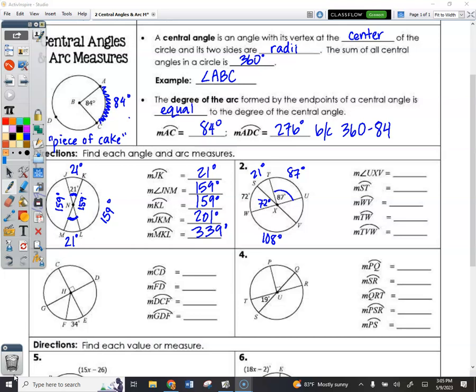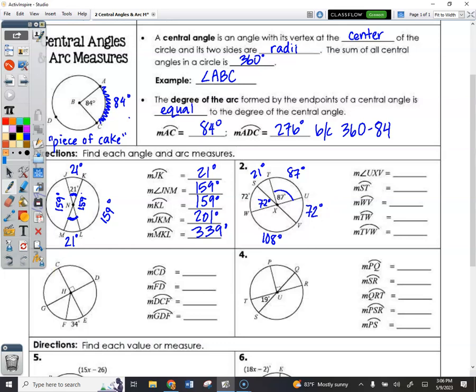Filling in the picture, here's a diameter, which means this is what? Diameters create semicircles, which measure 180. So, and this piece is 108, so this would be 72.